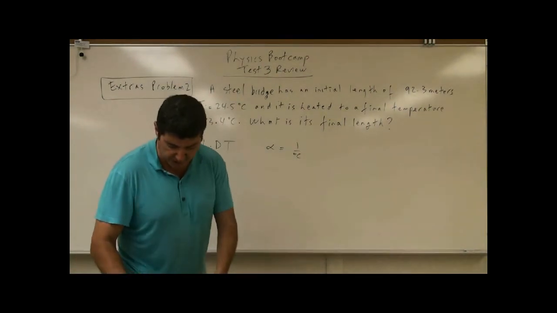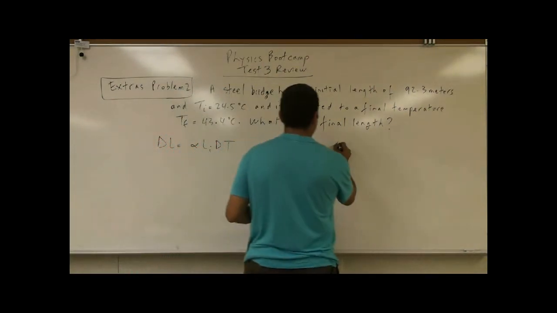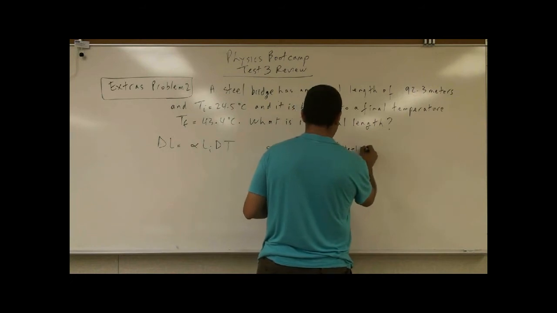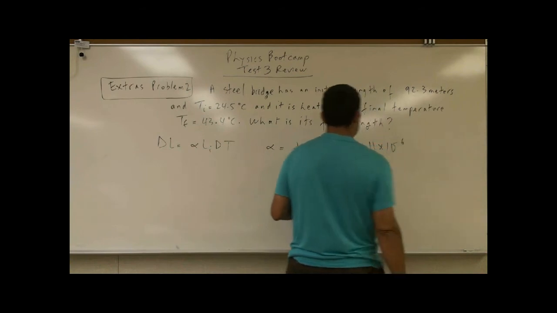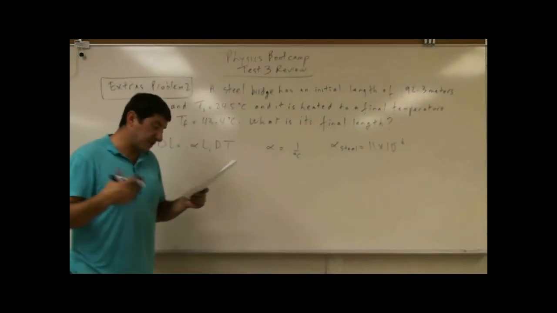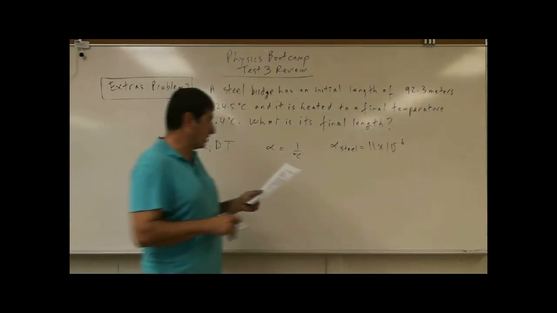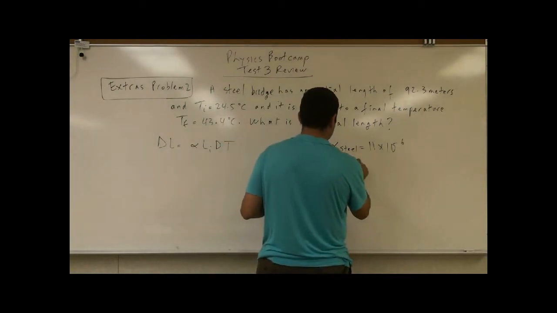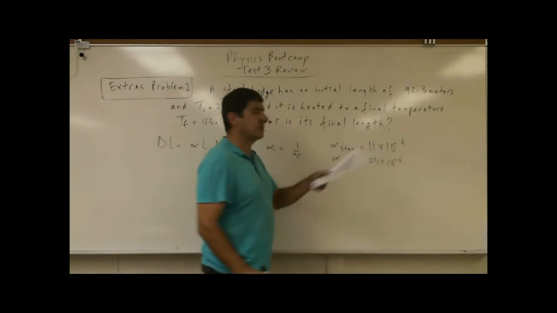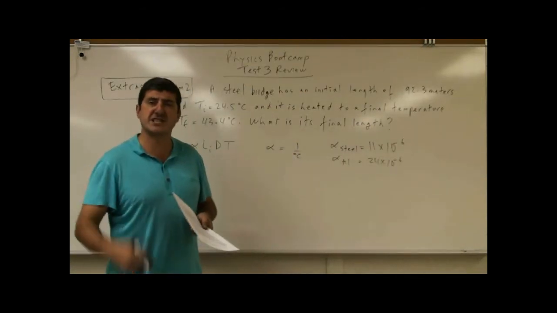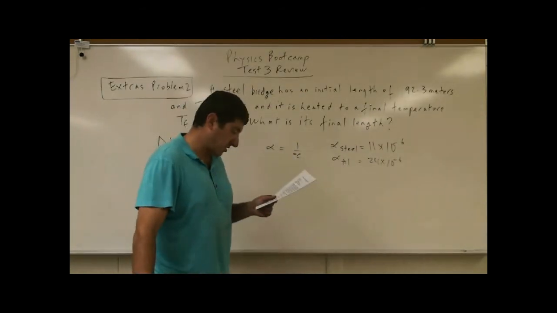Okay? So the alpha of steel happens to be 11 times 10 to the minus 6. Okay, other metals such as, for example, aluminum happens to be 24 times 10 to the minus 6. So it expands more than double the amount of steel.